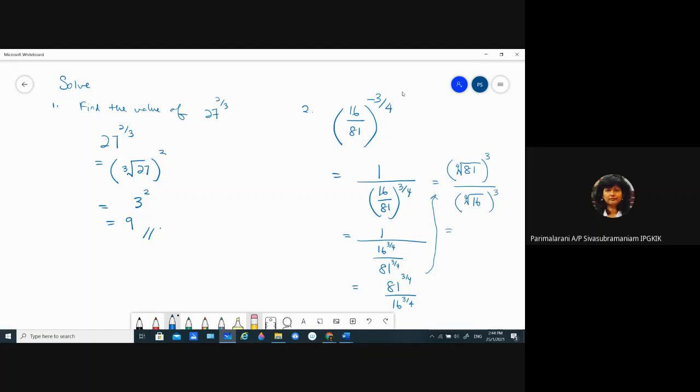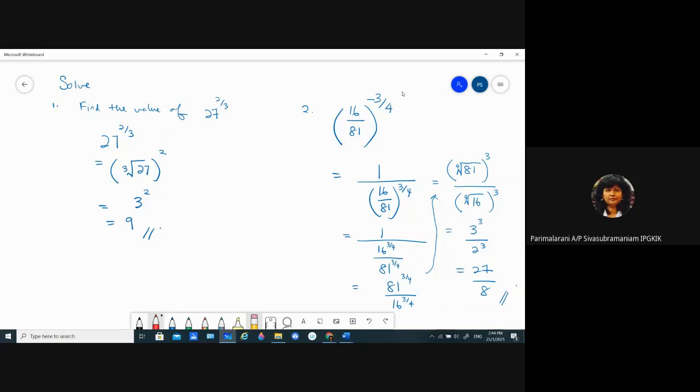Okay, so the fourth root of 81 is 3. So it's 3 cubed over, the fourth root of 16 is 2, so this is 2 cubed. So we have 27 over 8. Can you understand this? Yes.